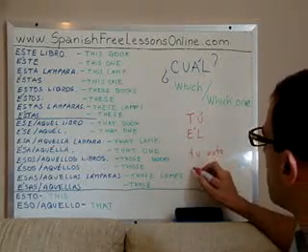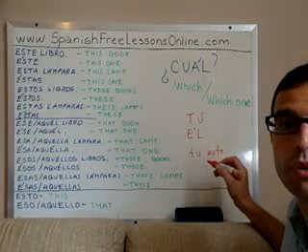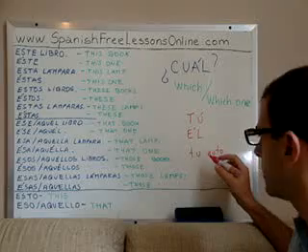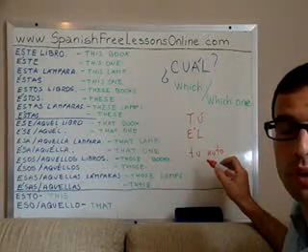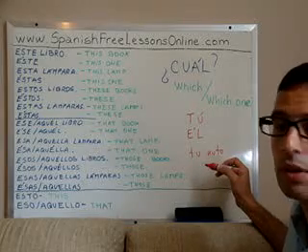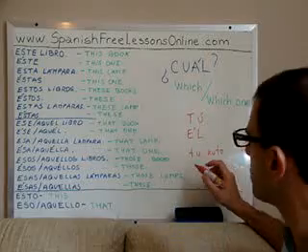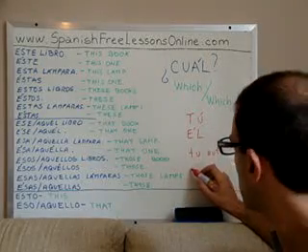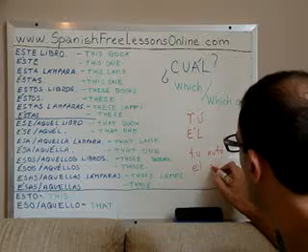For example, auto, car, right? Auto is short form for automobile, right? Auto is a masculine word, and since we are going to use a singular, we'll use a singular article. We'll say the car. In Spanish is el auto.